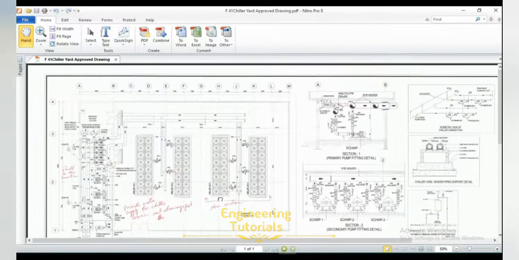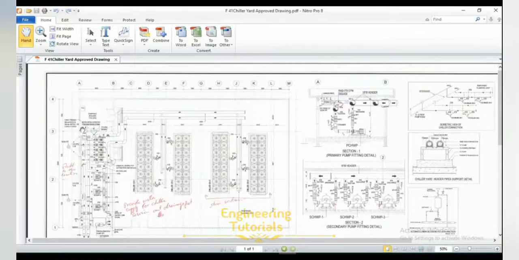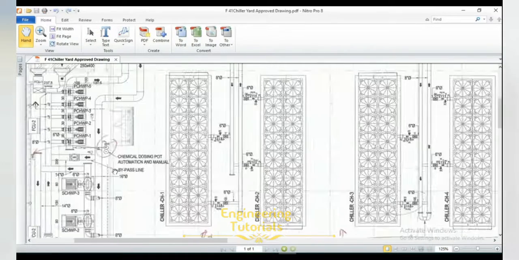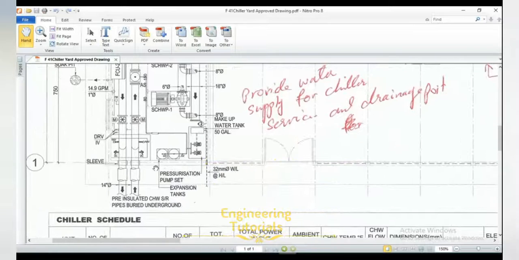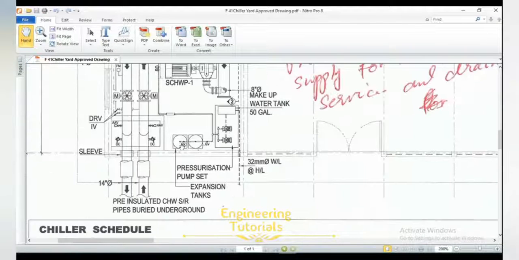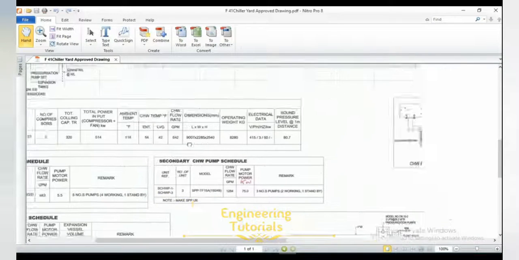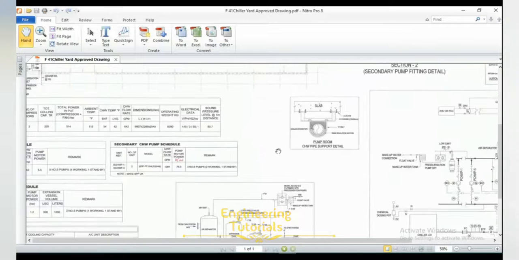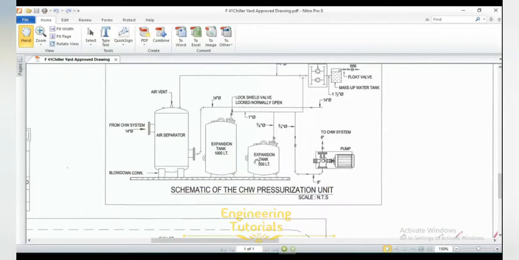So this is the chiller yard drawing I have over here. As you can see, let me zoom it. This is the expansion tank that is connected to our system or pressurization pump set. As you can see here, this is the expansion tank.